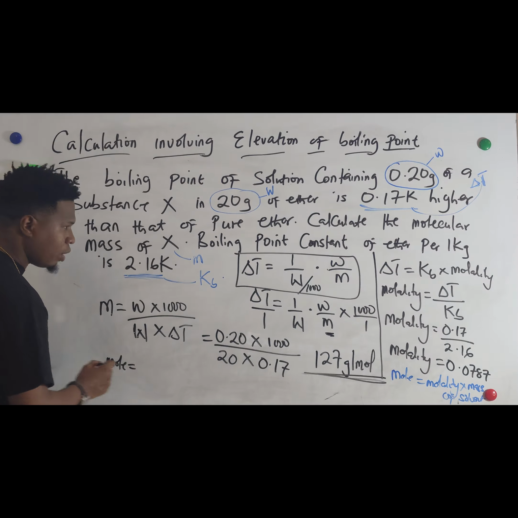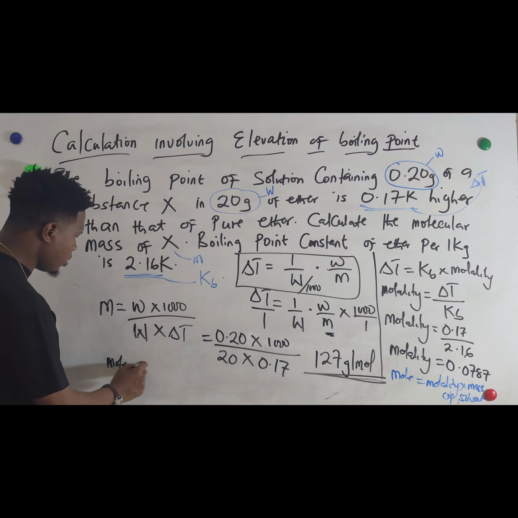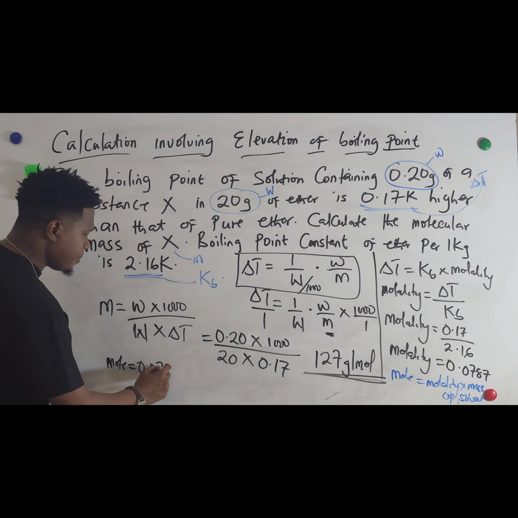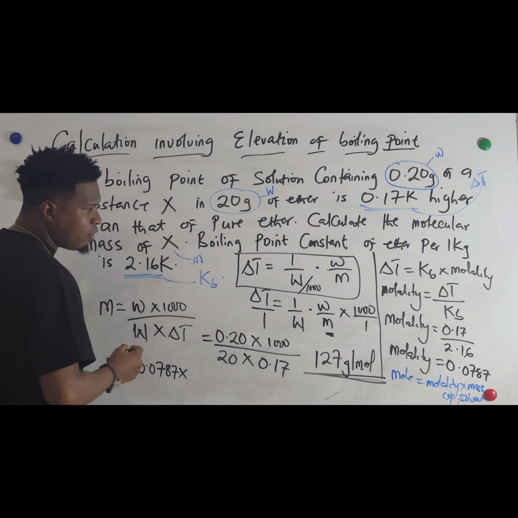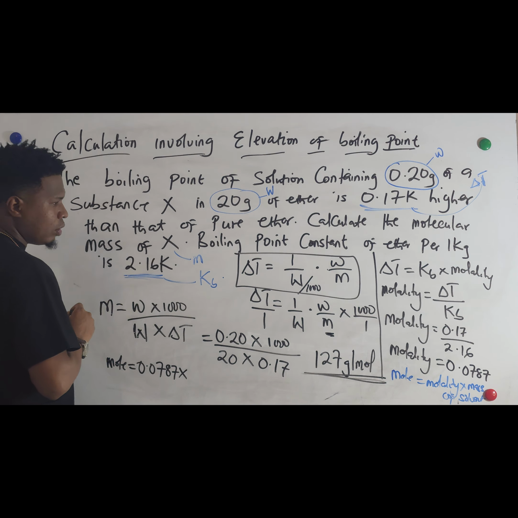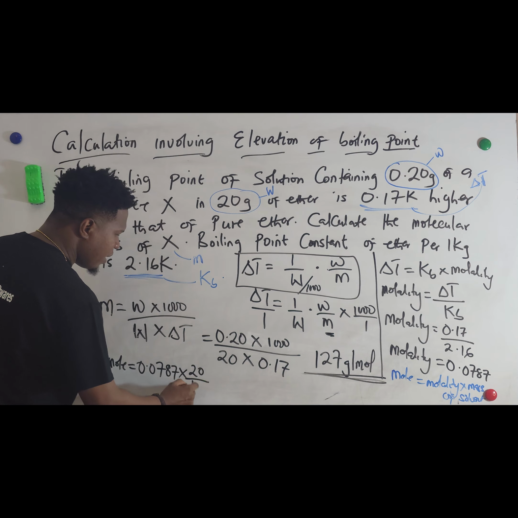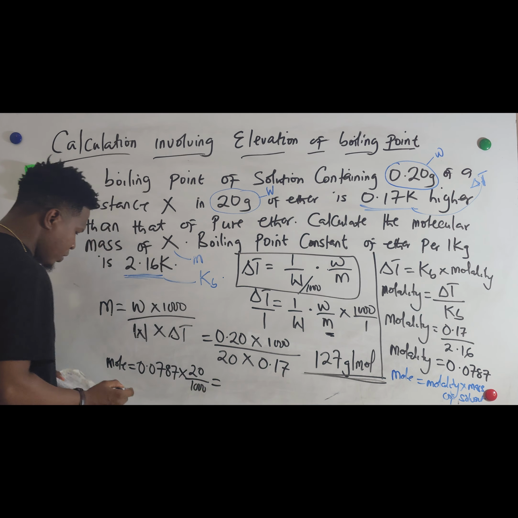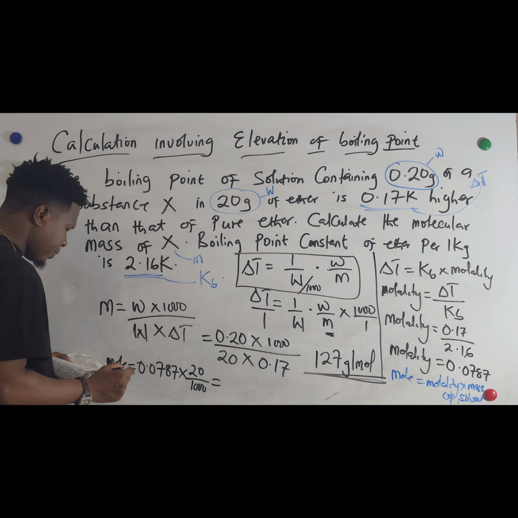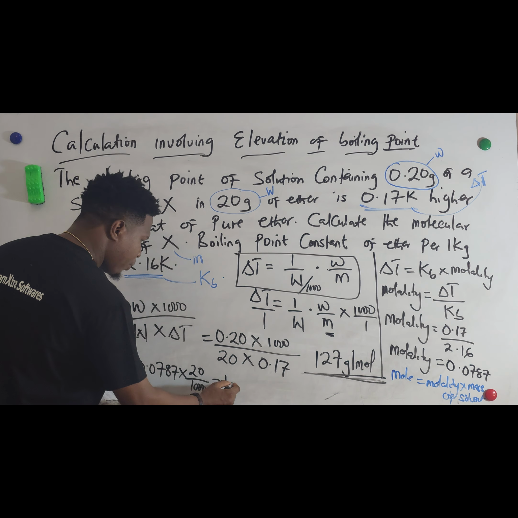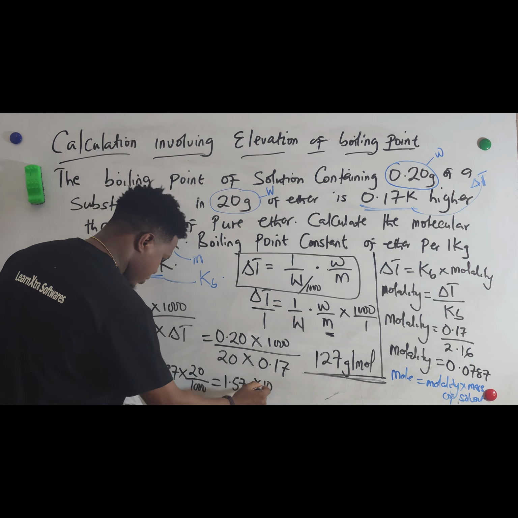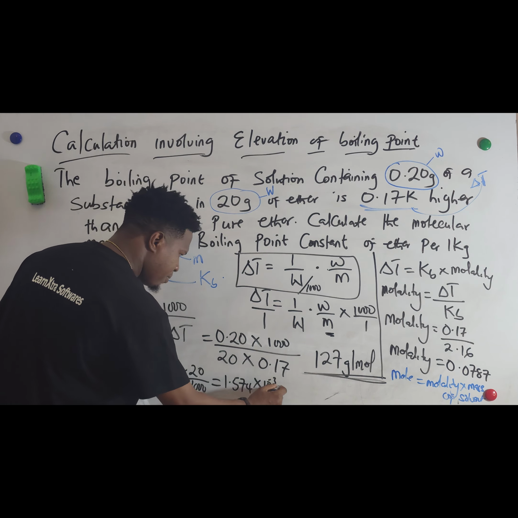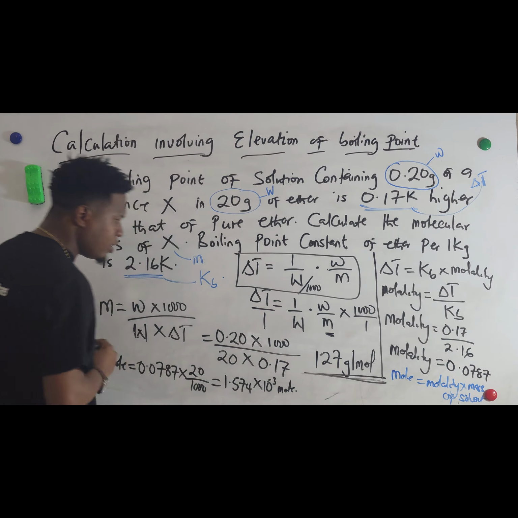Mole will be equal to, our molality is what? 0.0787 times, what's the mass of the solvent? The mass of the solvent must be in kilogram, remember. So the mass of the solvent is 20 grams. So it's going to be 20 divided by 1000. So when you do this multiplication, the mole becomes 1.574 times 10 to the power of -3 mole. Okay? So this is just the mole.